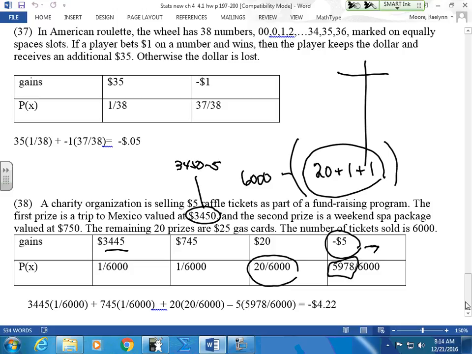So if you want to do this with your calculator, this is L1, this is L2. Because we said the expected gain or loss, the expected value, is the mean. You can do it in your calculator, or you can do it like your calculator would.